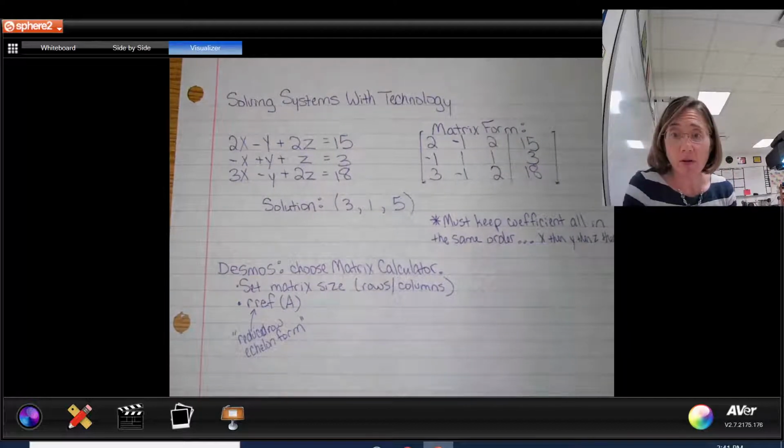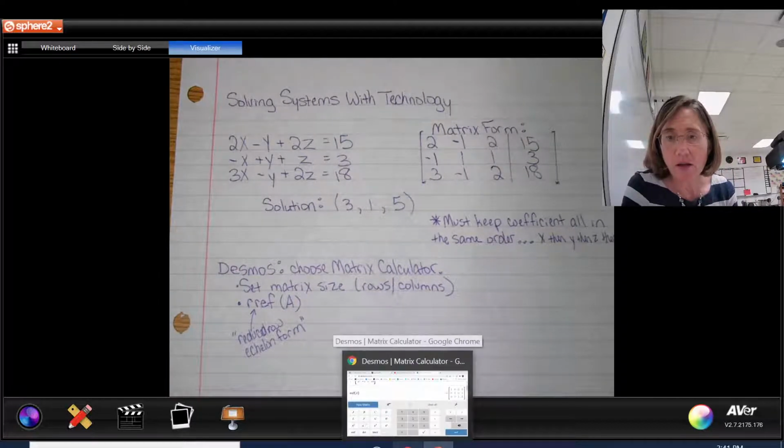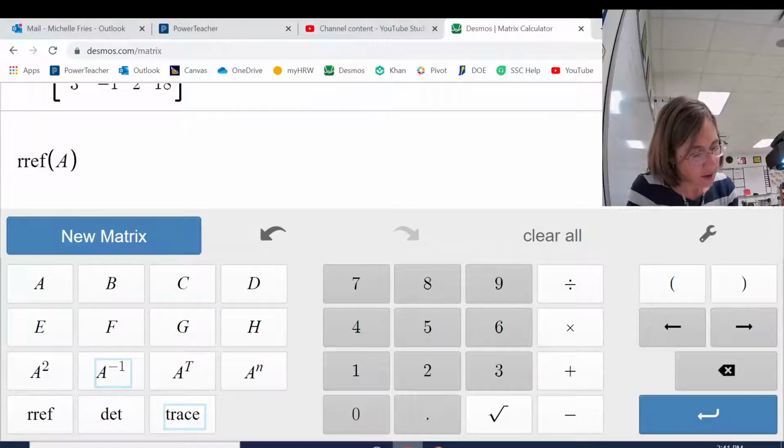And what your computer shows you, let me get this copied down here, is 1, 0, 0, 3. Desmos isn't putting this little line. I'll show you in a minute. 0, 1, 0, 1, and 0, 0, 1, 5.